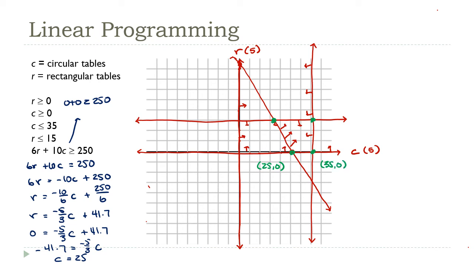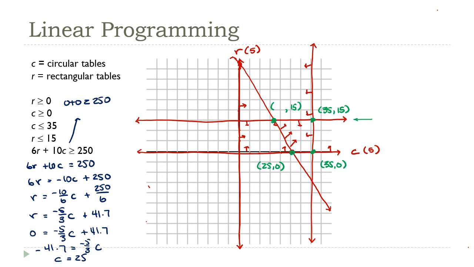The point above it is going to be 35, comma 15. Okay, and how about that other point? Well, I know that the r coordinate of this point, because it's on this line here, is 15. So this is something, comma 15.